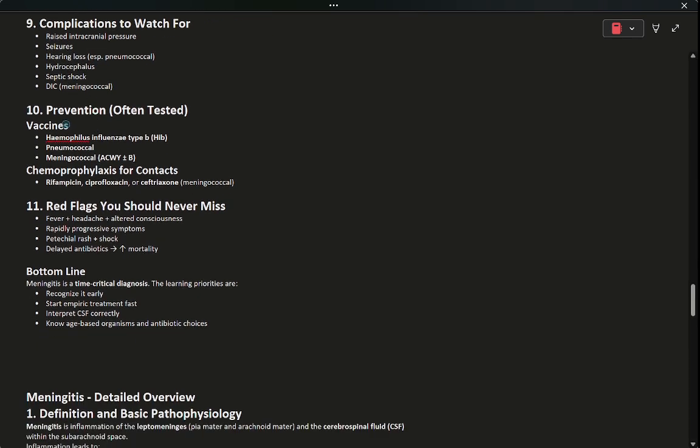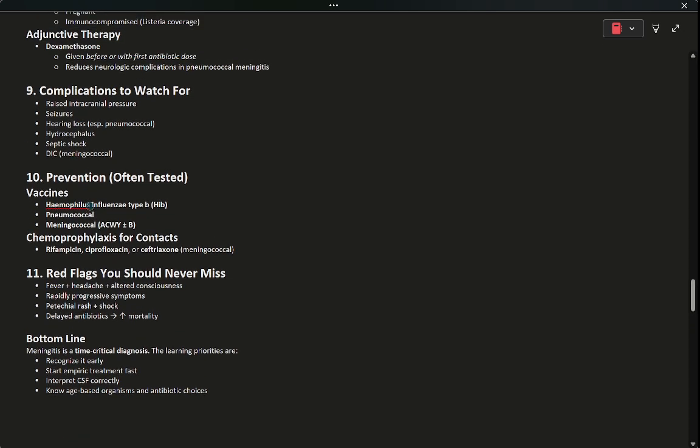And then for prevention, it requires the use of vaccines. So we have several vaccines out there to reduce the likelihood of meningitis in the future. These include the Haemophilus influenzae type B, or Hib vaccine. We also have the pneumococcal vaccine. It protects against Streptococcus pneumoniae.